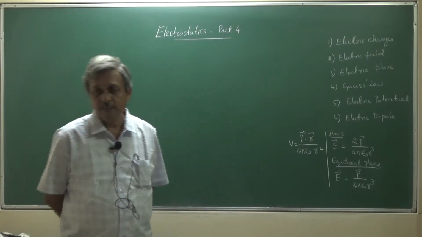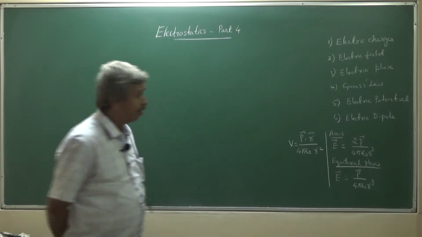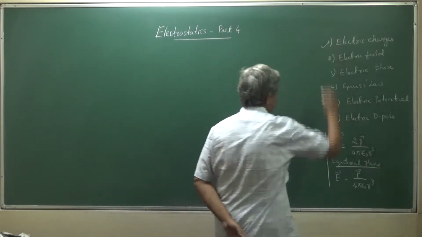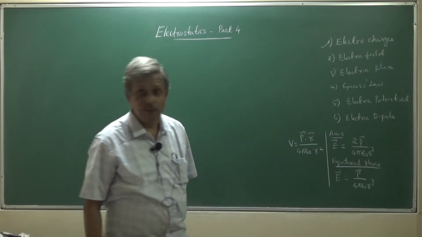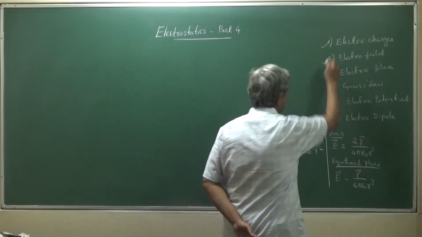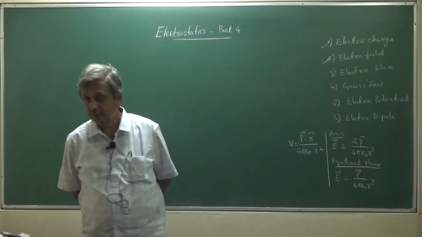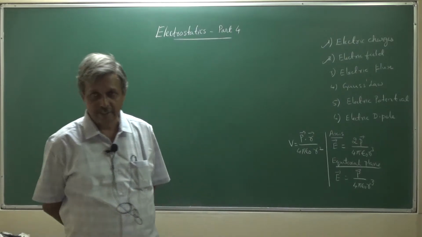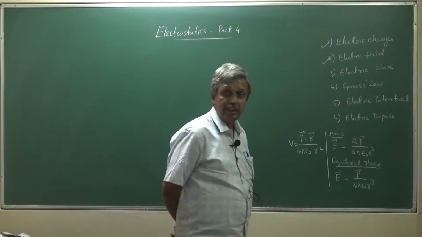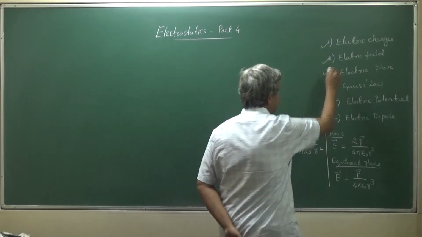Today, we have already covered the concept of electric charge. What is the electric charge? We have covered classical. Then we have also covered electric field, the meaning of electric field, and Coulomb's law in the first chapter. Then we have electric flux, so electric field into the area.